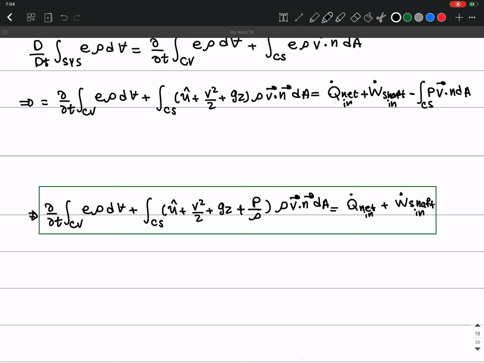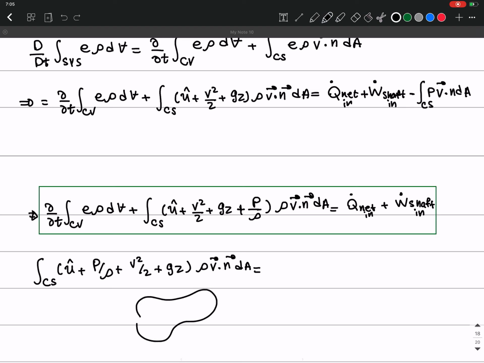Okay, so let's see what is this term, the integral over the control surface of U, the internal energy, plus P over rho plus V square over 2 plus GZ rho V dot N dA equals to. So the integral over the control surface, as you remember, we can say for the flow out, this V dot N is going to be positive number, right? For outflow. And for inflow, it's going to be negative, right?